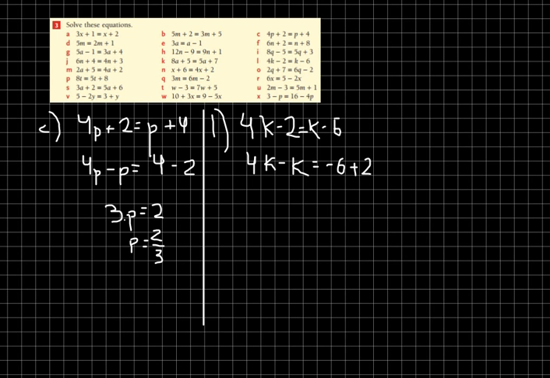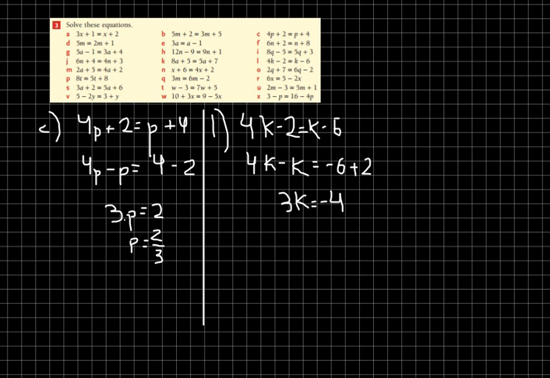Now that we have all the letters or unknowns on one side and numbers on the other, we must add or subtract. Here we have 4k minus k is equal to 3k. On the other side we have minus 6 plus 2. Two numbers with different signs, so we must subtract. 6 minus 2 is 4, and it keeps the sign of the biggest number.